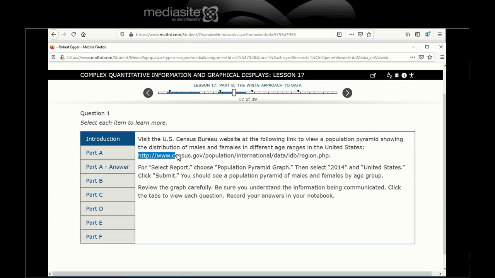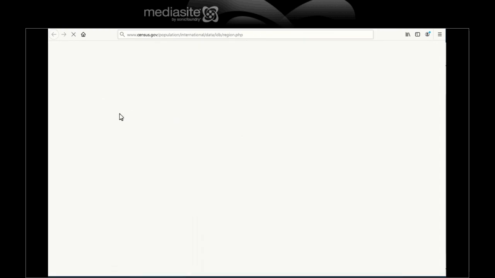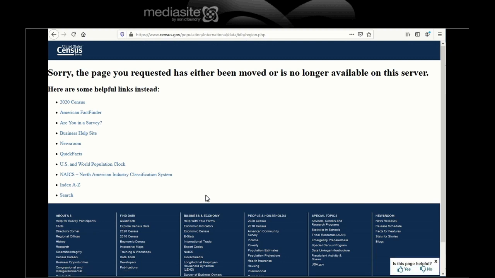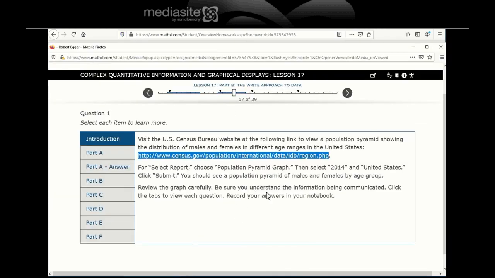If you were to try to use it, you get, there you go. Sorry, not there anymore. Hate when that happens. So I did some searching. Basically, I just searched U.S. Census Population Pyramid Graph 2014, and it got me to where we want to be.